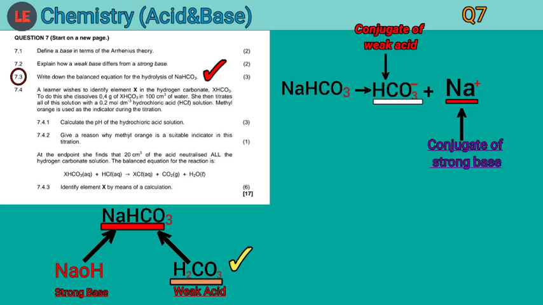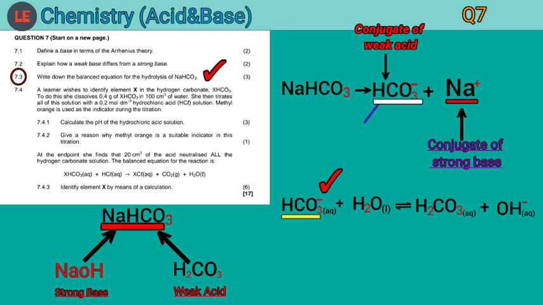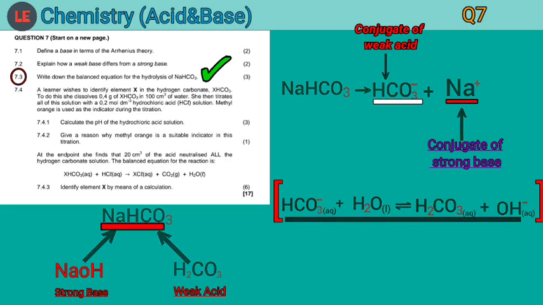Therefore we take the conjugate of the weak substance, which is this hydrogen carbonate, and react it with water, which forms carbonic acid and hydroxide ion. Note, the presence of these hydroxide ions means the solution is basic, even though there is that acid, that doesn't change anything. So, this chemical reaction is the one required on 7.3.